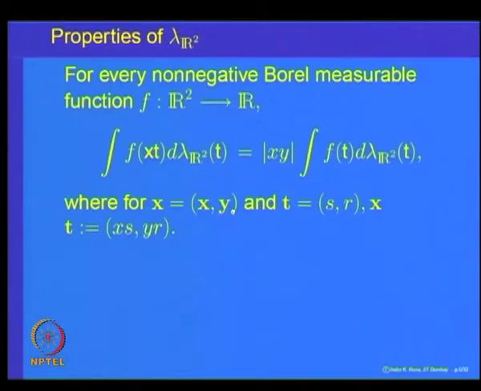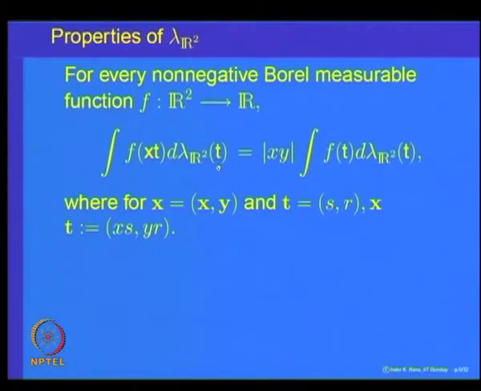So, try to copy the proof for the translation x plus t, where the integral is invariant, and here the multiplication comes. The steps are essentially, first take f to be the indicator function of a measurable set, and that is the result we just proved. And once it is true for indicator functions, this being an equality involving integrals, it will hold for finite linear combinations.